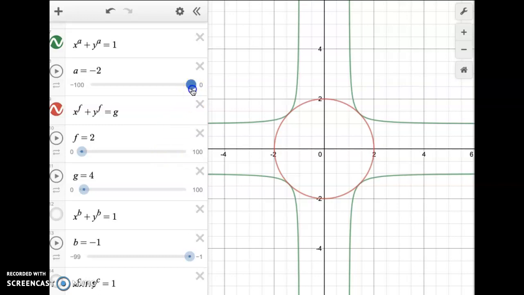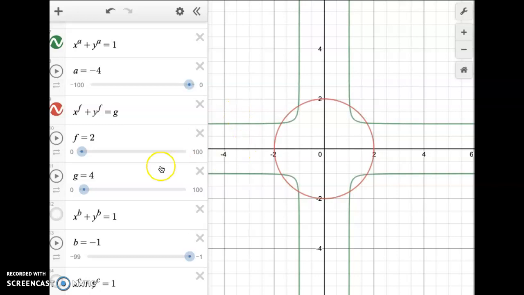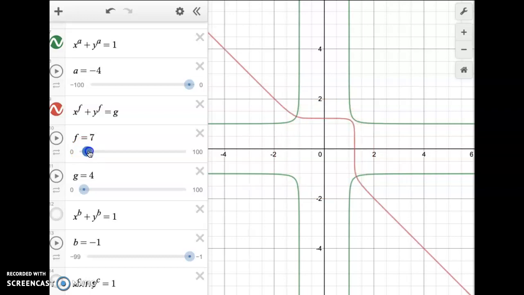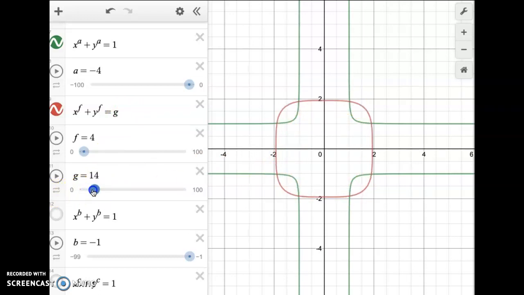So we tried -4, and right off the bat, well, first we have to change this. We see that right off the bat our theory was wrong, because 4 actually works here. When g equals 4, they all touch, instead of when g would equal 16 as I originally predicted. So that begs the question, how does this work?